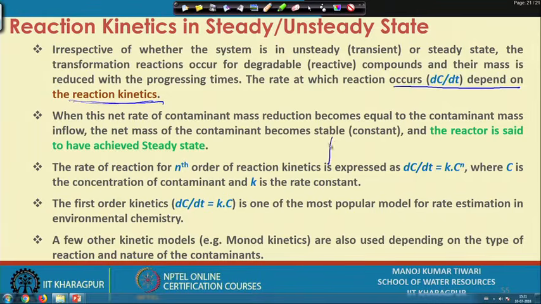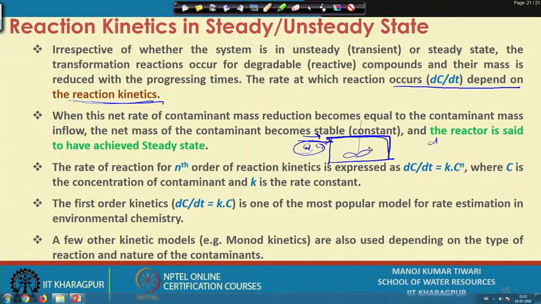So, let us say due to mass flux in, some amount of contaminant is entering the system. The rate of mass entering the system is, say, x per unit time, and in the system there is a reaction taking place which is destroying, degrading or decomposing the contaminant.